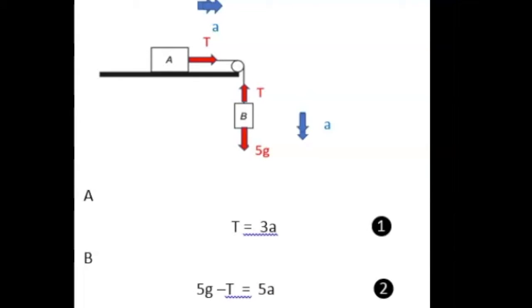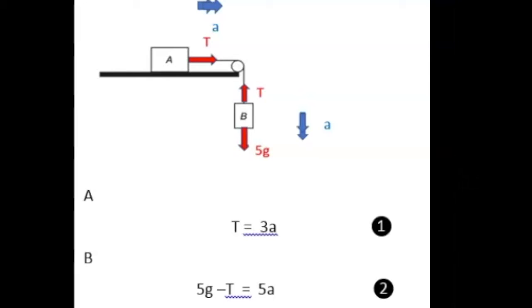Now consider mass B, the 5 kilogram mass, which is moving downwards with an acceleration a. What's helping it move down is its weight, the force of 5g, and what's opposing it moving down is the tension T.